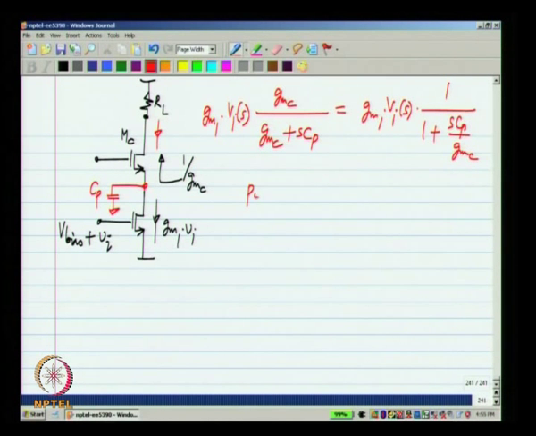So, there is a pole at minus GMC by Cp due to this parasitic capacitance Cp. This is expected because at high frequencies all of this current will go there and at low frequencies all of it will go to the output. So, there will be a pole somewhere in the middle, and the pole happens to be at minus GMC by Cp.